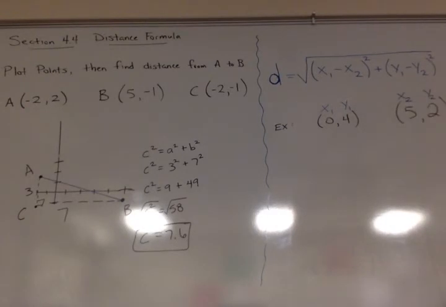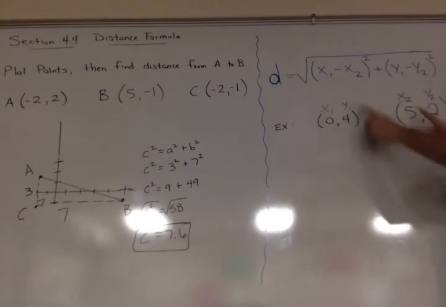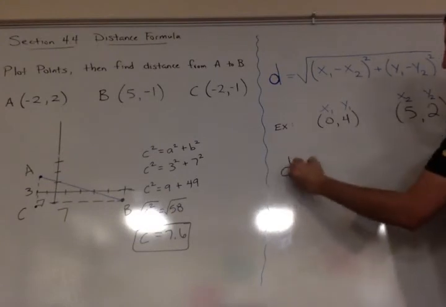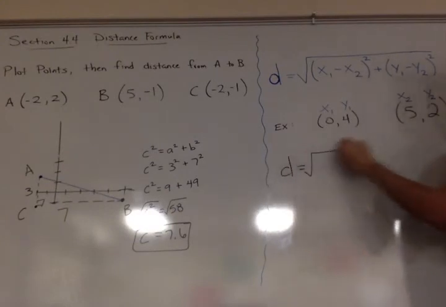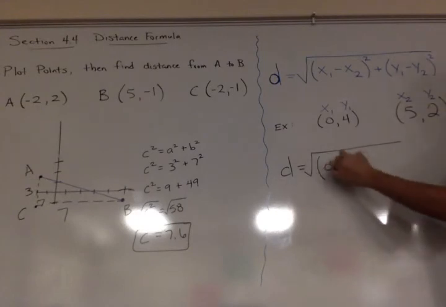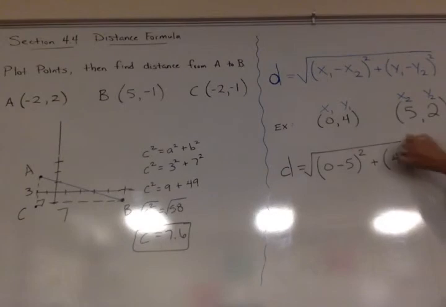Once you do that, it's a matter of putting these in the right spot. Put the x's together, 0 minus 5. Put the y's together, 4 minus 2. Let's go ahead and set that up together here. So distance equals the square root of 0 minus 5 squared plus 4 minus 2 squared.